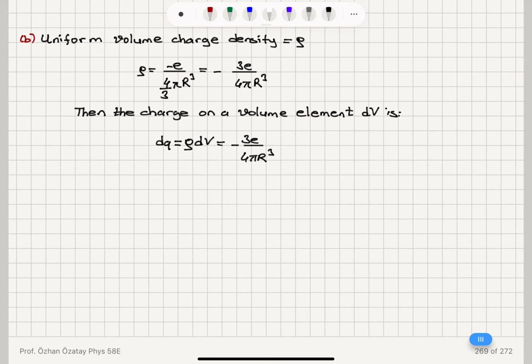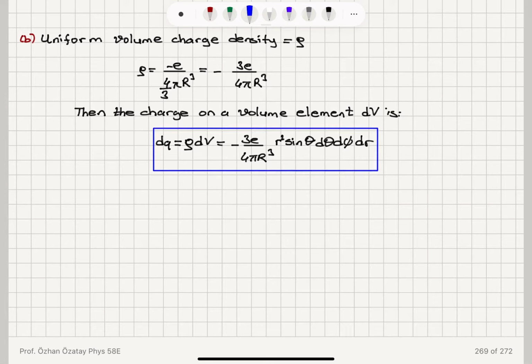Okay, so it's going to be r squared sine theta d theta d phi dr. Okay, so we know the charge in a volume element dV.